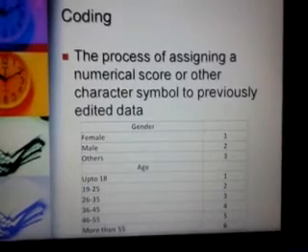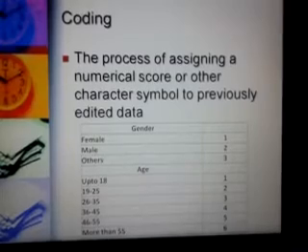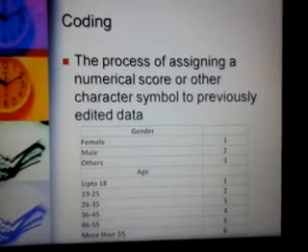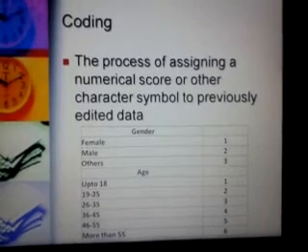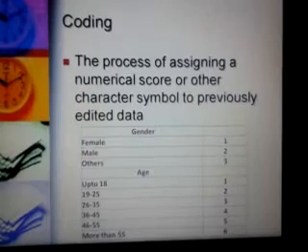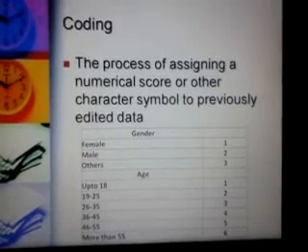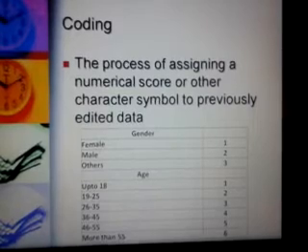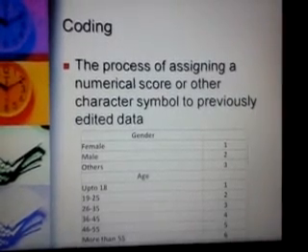Similarly, another example for age, if we have given these 6 options for respondents, we give these 6 numerical values to age. If the respondent has ticked up to 18, while data entry we would enter 1, 19 to 25, we can enter 2, 26 to 35, 3, and so on.